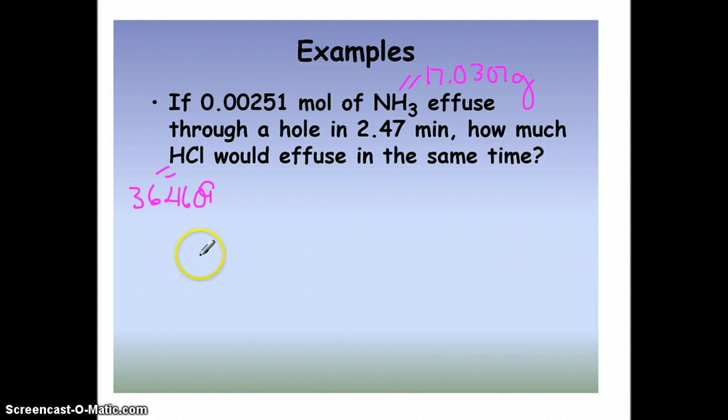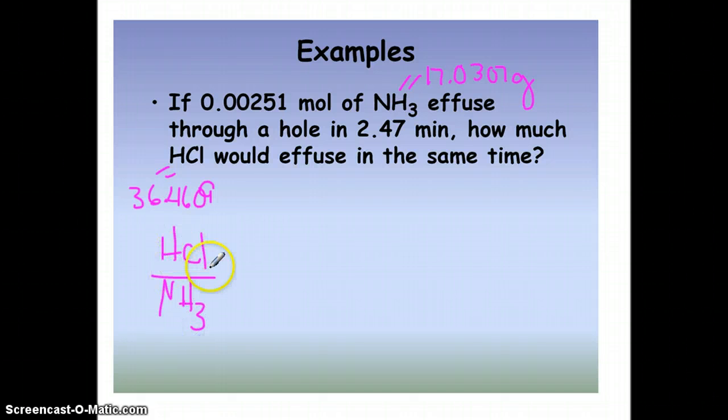Okay, all right, so we know that we have some amount of HCl that will travel through this little tube, and then we know that we have some NH3.